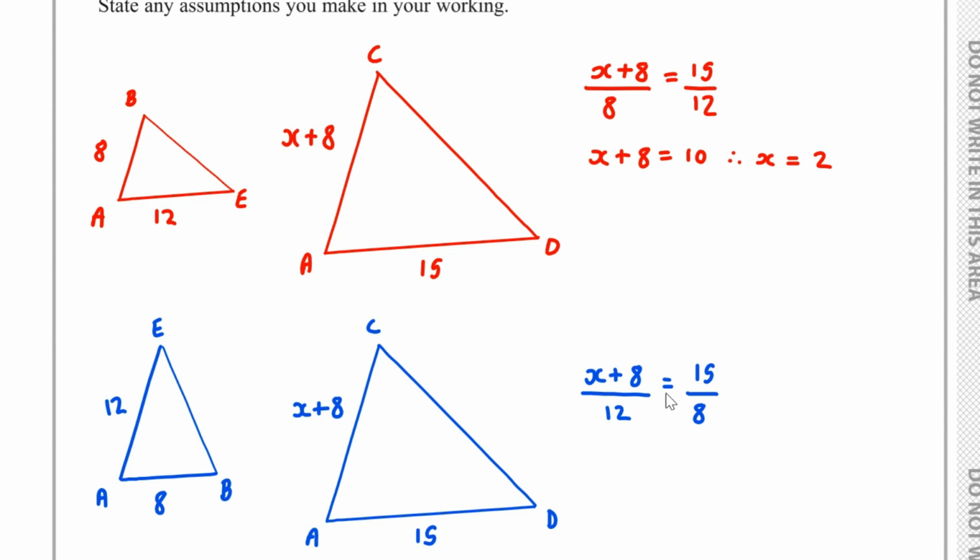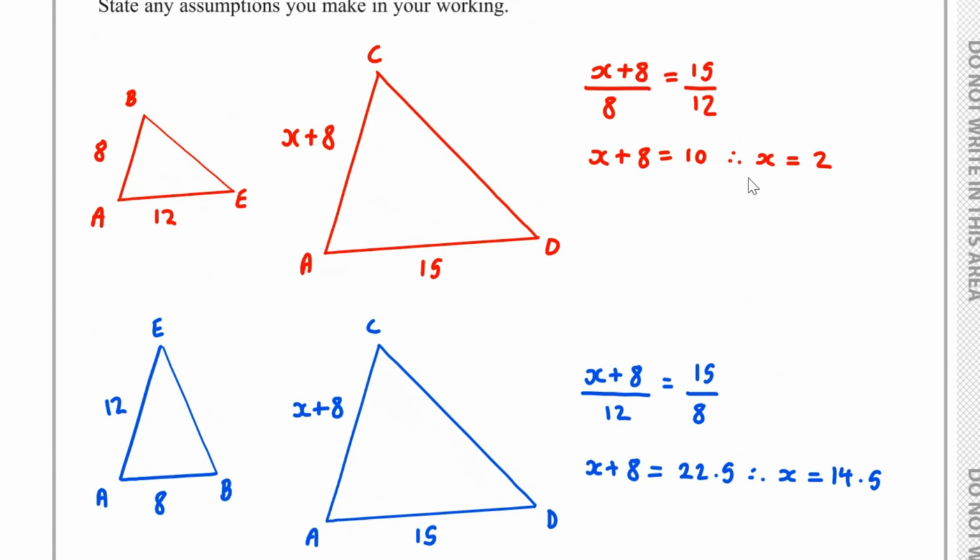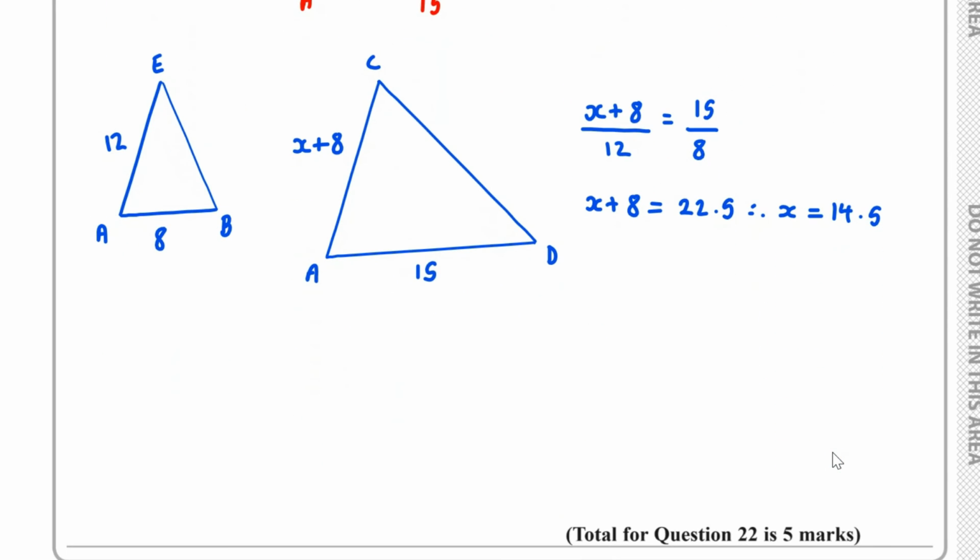So if I rearrange over here, we've got x plus 8 equals 22.5, and therefore x is equal to 14.5. So therefore, there's 2 similar triangles which we've spotted.